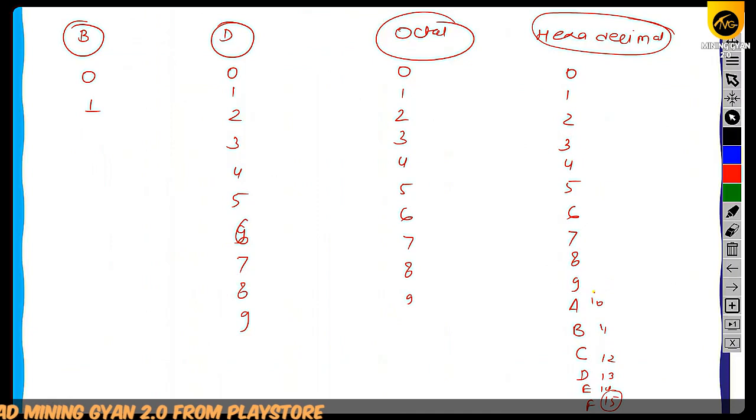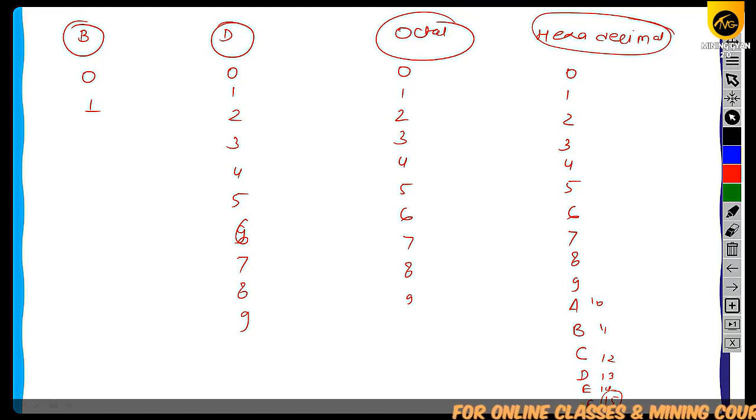So this is the representation of hexadecimal numbers. Always remember, in the hexadecimal number system, 10 is represented as A, 11 as B, 12 as C, 13 as D, 14 as E, and 15 as F.